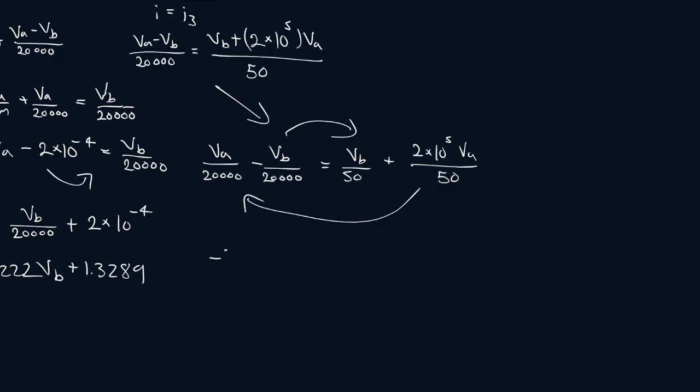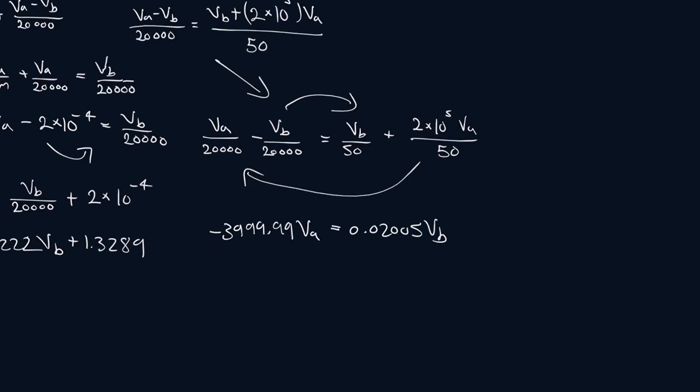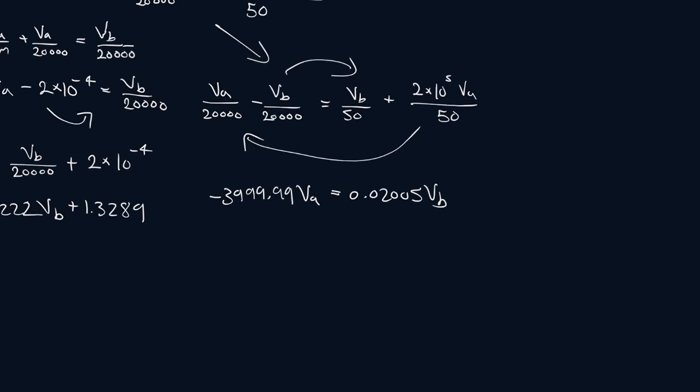And that gives me minus 3,999.99 VA equals 1 over 50 plus 1 over 20,000. And that's 0.02005 VB. Now let's plug in for VA.